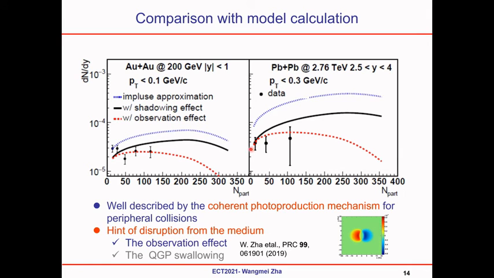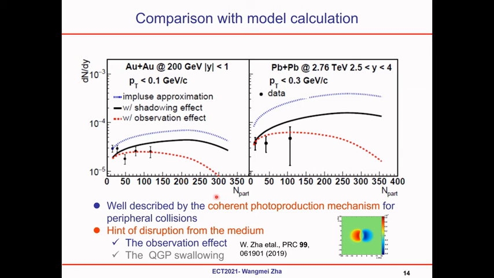If you compare to the measurement, you can find that both for RHIC and also LHC, it can describe the data reasonably well. This is also not surprising, because if you consider shadowing, it means that you're assuming that everything happening in peripheral collisions is exactly the same as that in ultra-peripheral collisions. And because in peripheral collisions the situation is very close to that in ultra-peripheral collisions, it should reproduce the measurement.